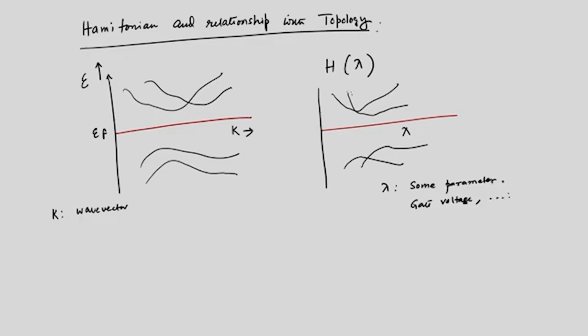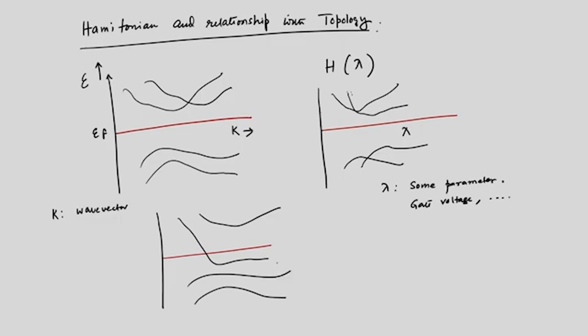It can be anything, and I am just showing a situation in which the levels change with lambda. But let me show another situation, where again I will show the Fermi energy in red, and it happens like this. Again, this is E versus lambda.